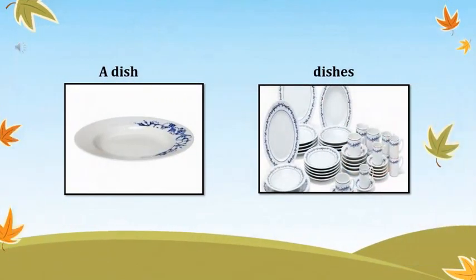So on the screen, can you see a dish? Yes. And the spelling is D-I-S-H. And what does the rule say? It says that words or nouns ending in SH, to make it plural, we have to add ES, isn't it? So one dish and many dishes.